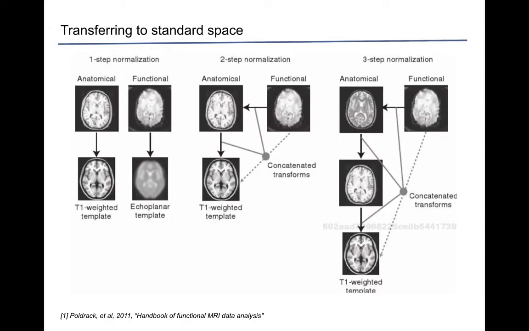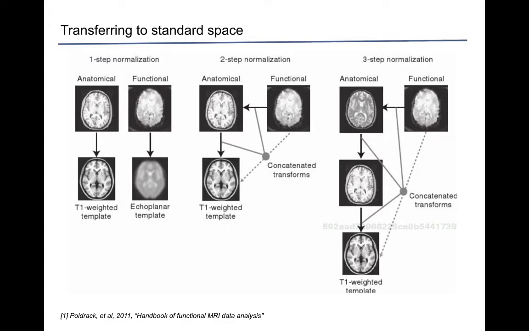The next step is spatial normalization, or transferring your data to standard space. If you're going to do any sort of group analysis at the end of your study, then you have to normalize your individual data to some standard template.